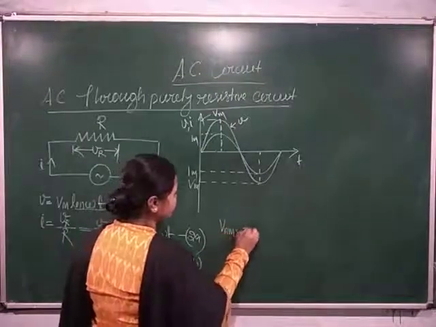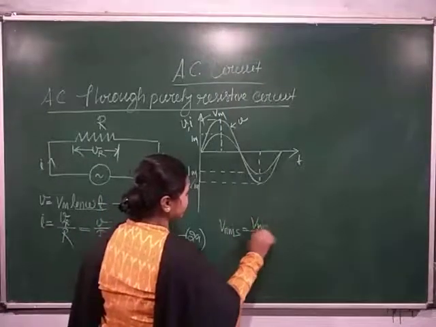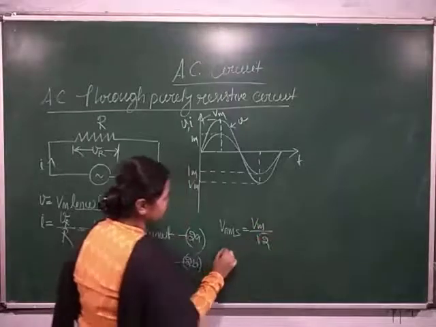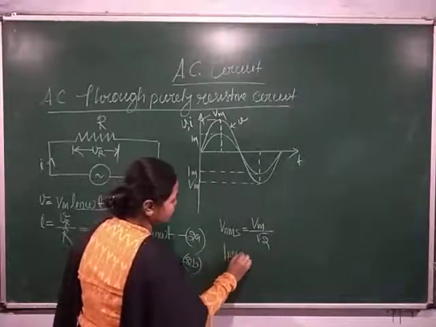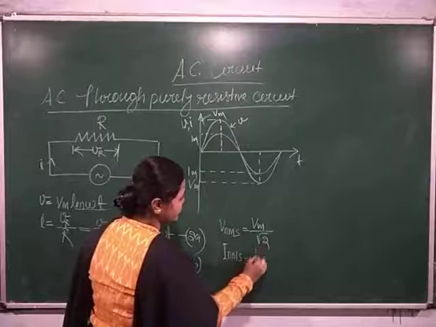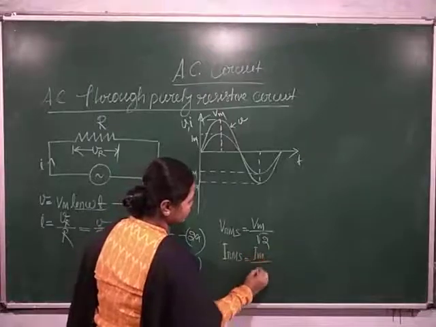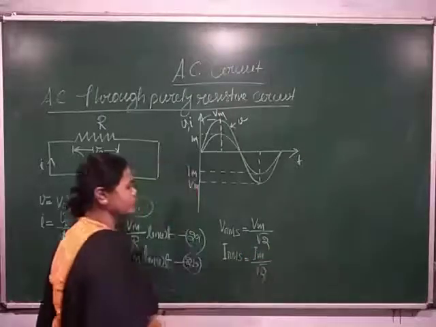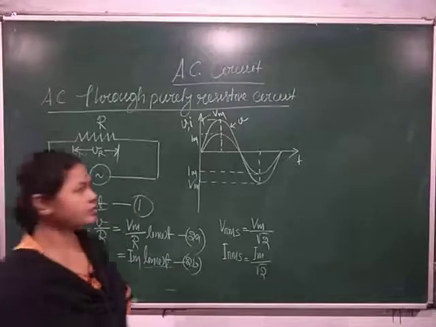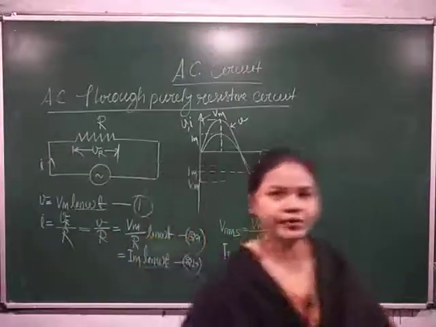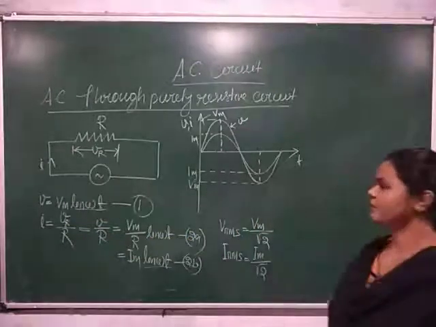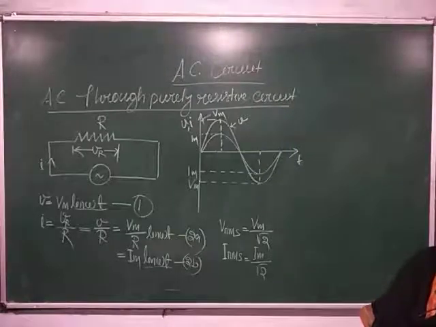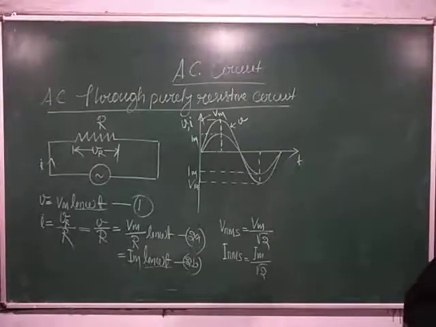RMS value of voltage is maximum value by root 2. Similarly, RMS value of current is maximum value of current by root 2. Now you draw the phasor diagram. For the phasor diagram, you take current as the reference one.